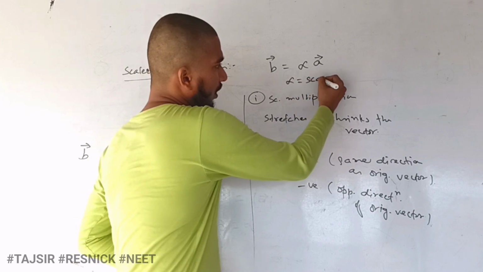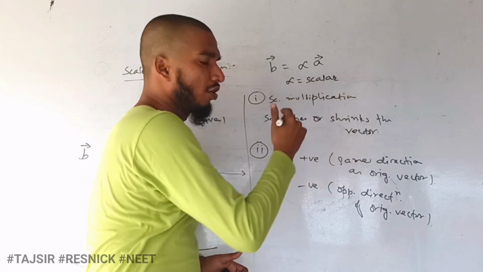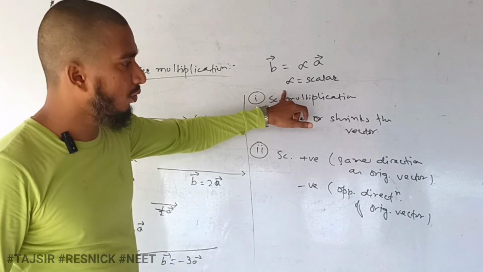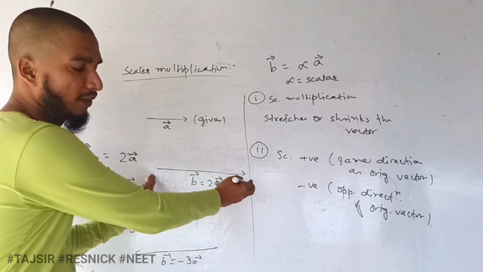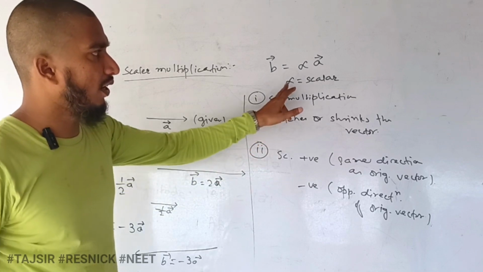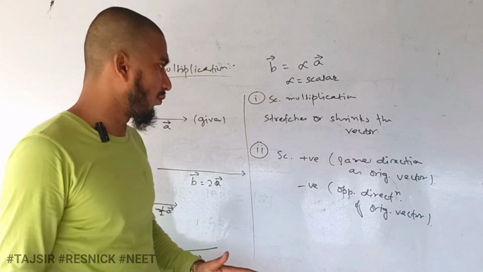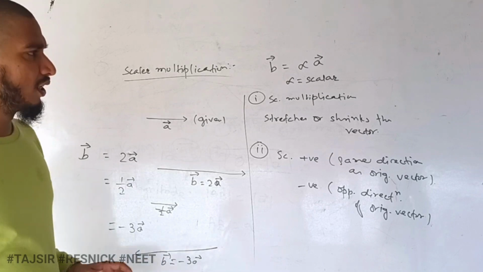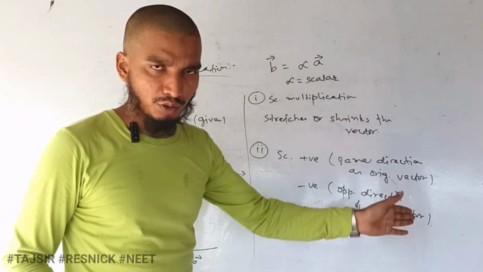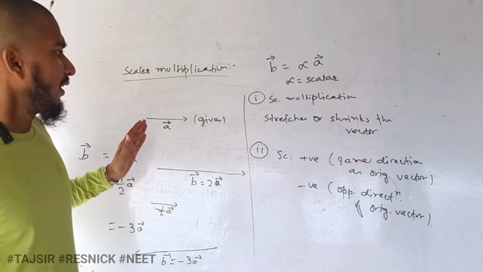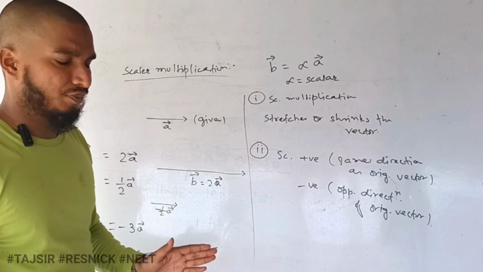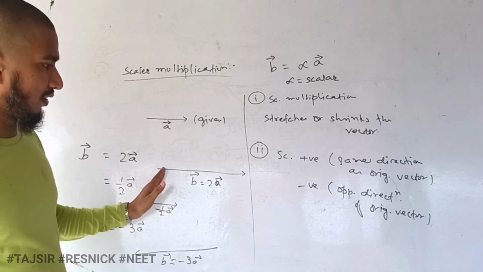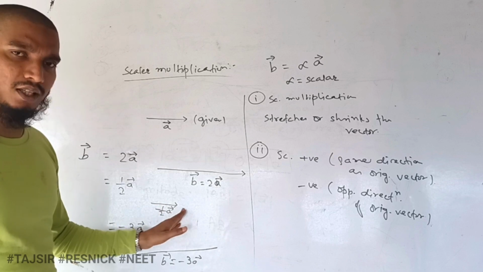Now this scalar could be greater than 1, which means stretching of the vector. This alpha could be less than 1, which means shrinking the vector. This alpha could be positive, that is, stretching or shrinking in the same direction as the given vector, as in this case or in this case.